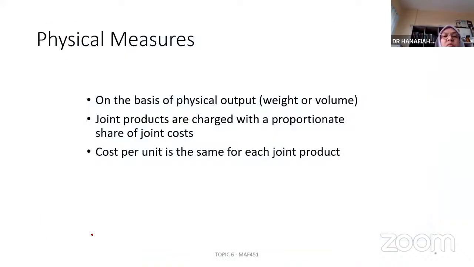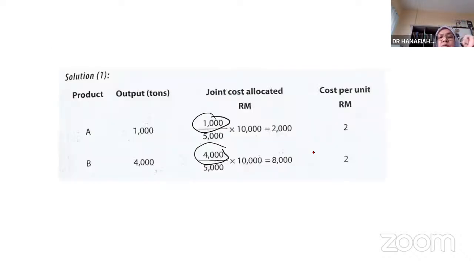If I base on the physical measures, it is totally based on physical output, the weight or the volume. The joint products are charged with a proportionate share of joint costs, and the cost per unit is the same for each joint product. Let us look at how I calculate this.